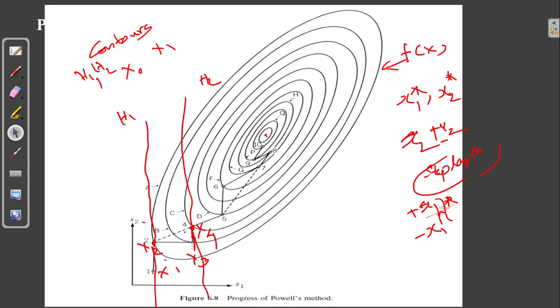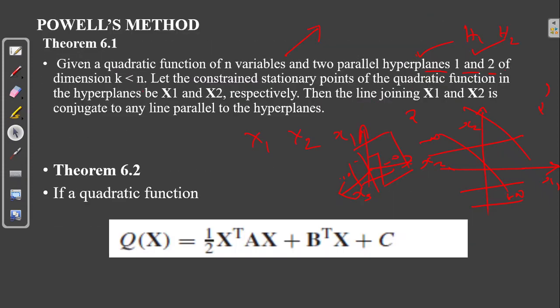So we are taking the latest points only, so x2 and x4 instead of x1 and x2 respectively. Then this theorem says the line joining x2 and x4 is the conjugate direction to any line parallel to the hyperplanes.